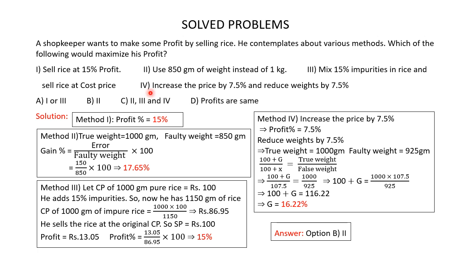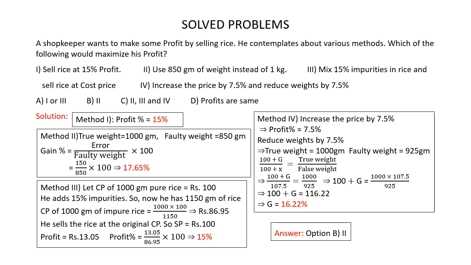In method 4, the shopkeeper increases the price by 7.5% and reduces the weight by 7.5%. So an increase in the price by 7.5% means the profit percent is 7.5%. Now he reduces the weights by 7.5%.